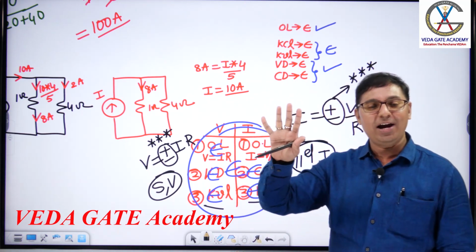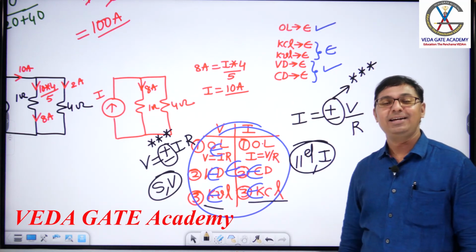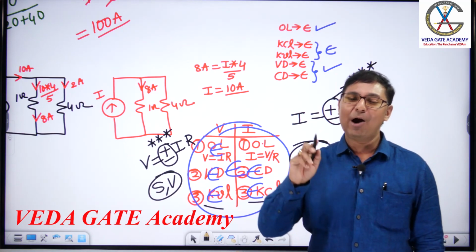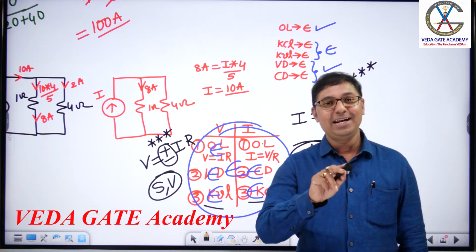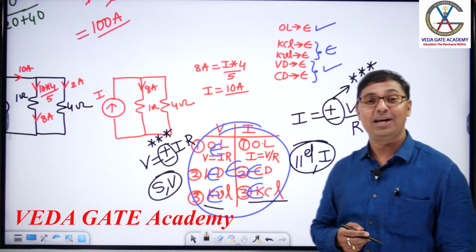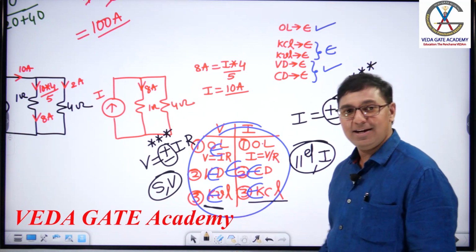In a closed path if you have 5 elements and you know 4 element voltages, the 5th can be easily calculated. In generalization, in a closed path, if you have n elements and you know n minus 1 element voltages, the nth element voltage can be easily calculated with the help of KVL. These were the terms and conditions for KVL.